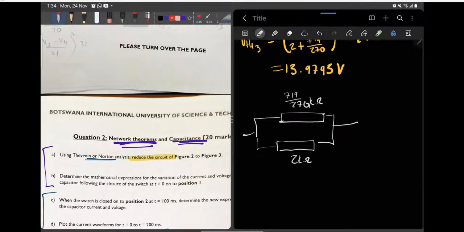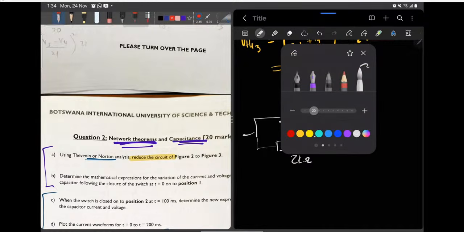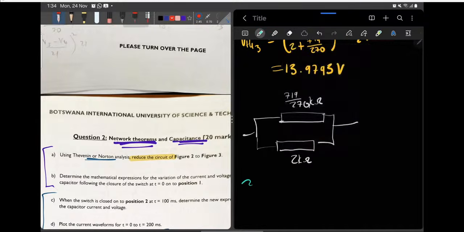R Thevenin the third is now going to be 2 times 719 over 270, divided by 2 plus 719 over 270.